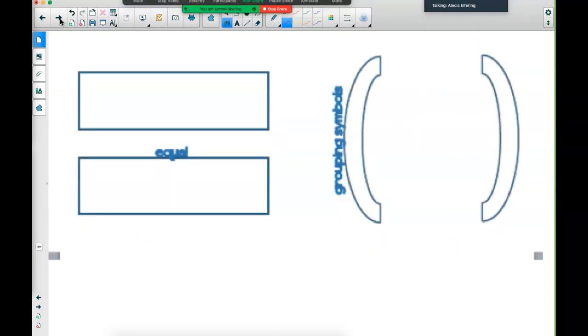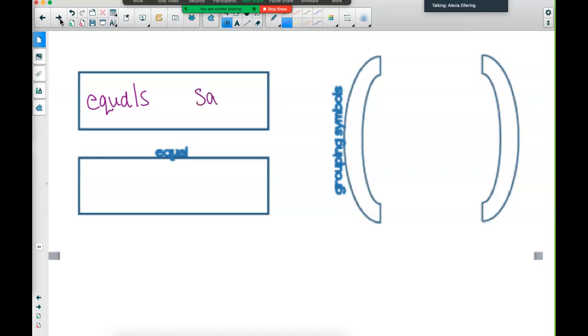An equal sign. Obviously, we can say equals because that's what we say a lot. But the other word that we use a lot for equals, same. We could use same.